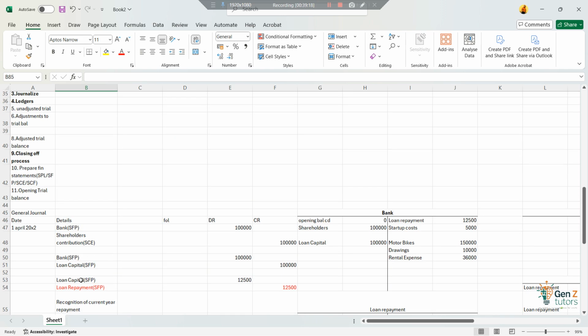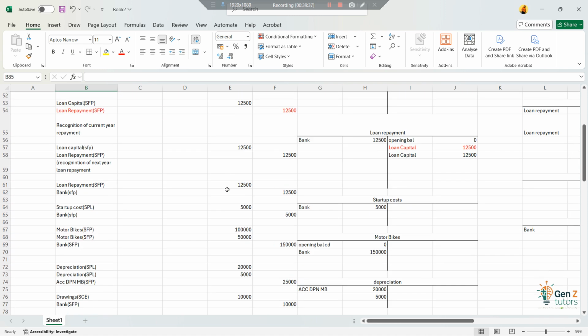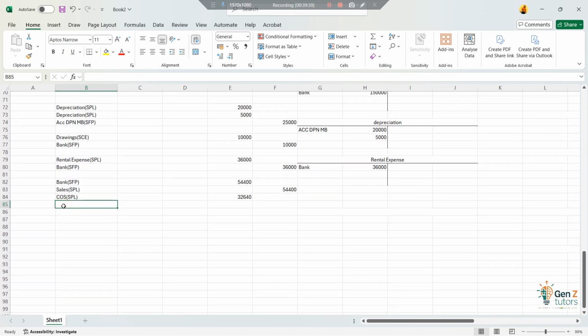So while we are doing cost of sales, which goes into the SPL, let me just input the amount. We had 60 rand cost, so it was 544 multiplied by 60 rand per transaction, right?